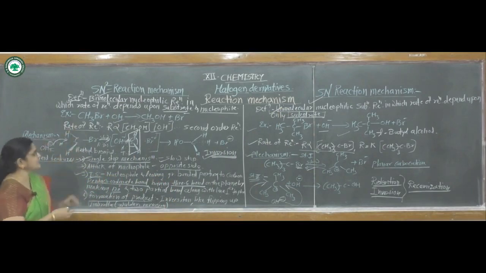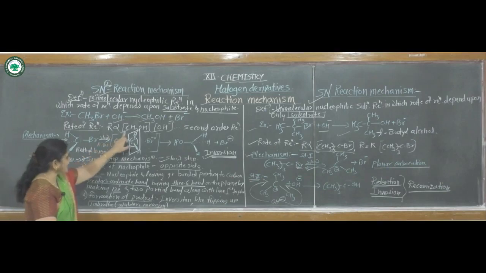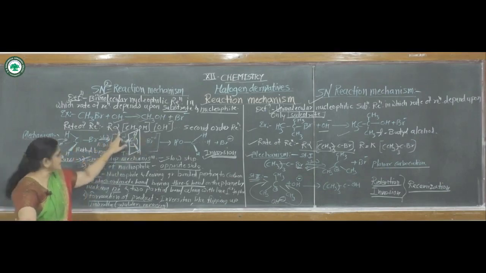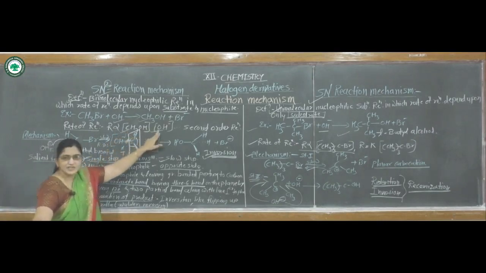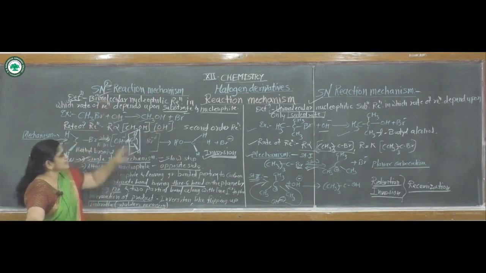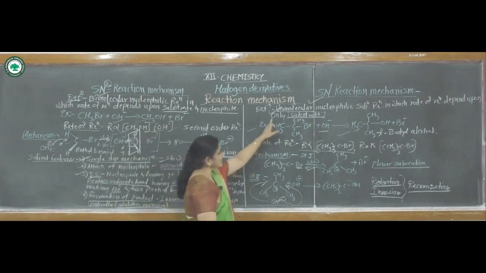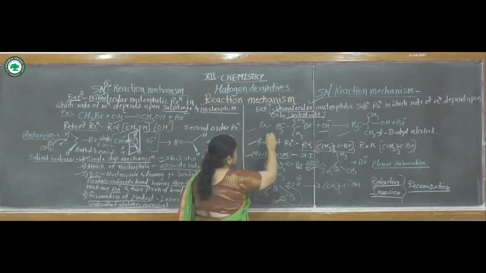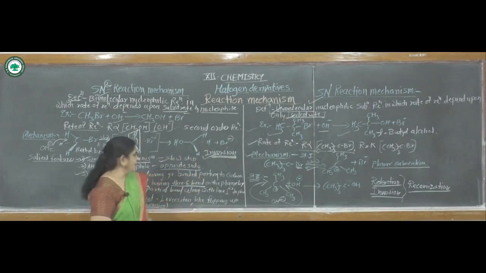In SN2 reaction, the rate of reaction depends upon two molecules, the substrate as well as the nucleophile. The rate of reaction is directly proportional to the concentration of substrate as well as nucleophile, hence it is called a bimolecular reaction. And in SN1 reaction, the rate of reaction depends only upon the substrate, that means tertiary butyl bromide, hence it is called SN1 reaction.